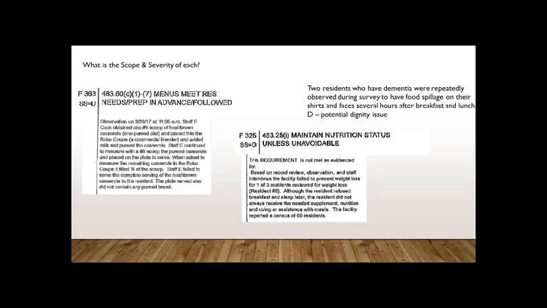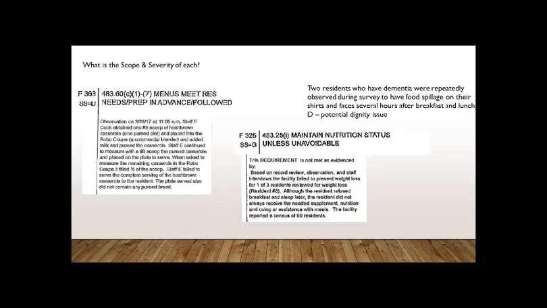So the menus didn't meet the residents' needs and were prepped in advance. And once again, this has to do with scoop sizes and the fact that it was a pureed consistency. They pureed up hash brown casserole. The wrong scoop was used, so the resident didn't get enough of the nutrient value that was intended by giving them that portion.